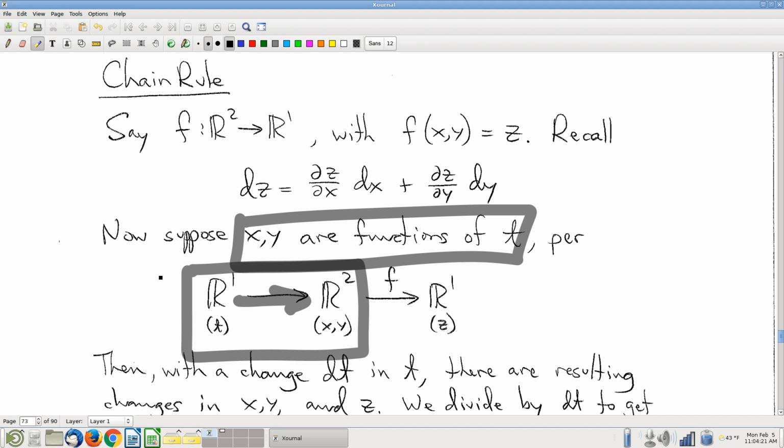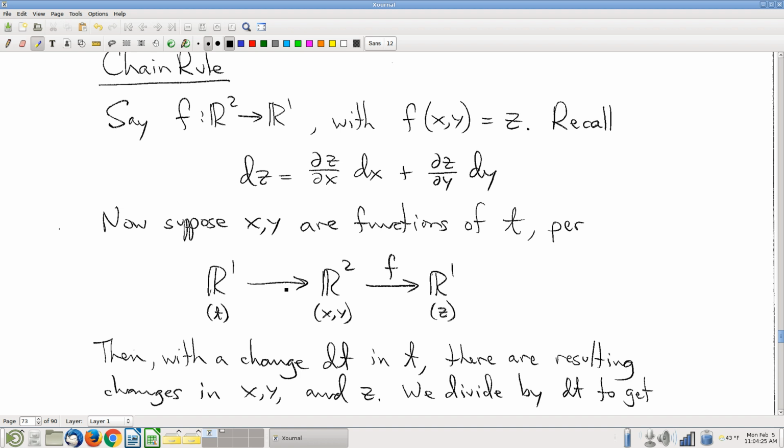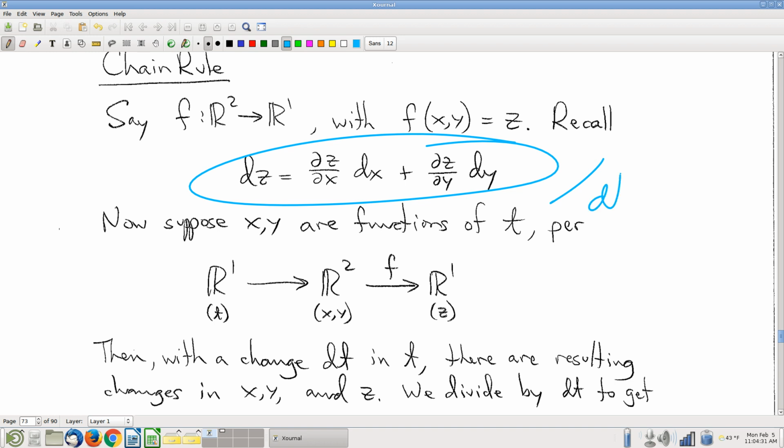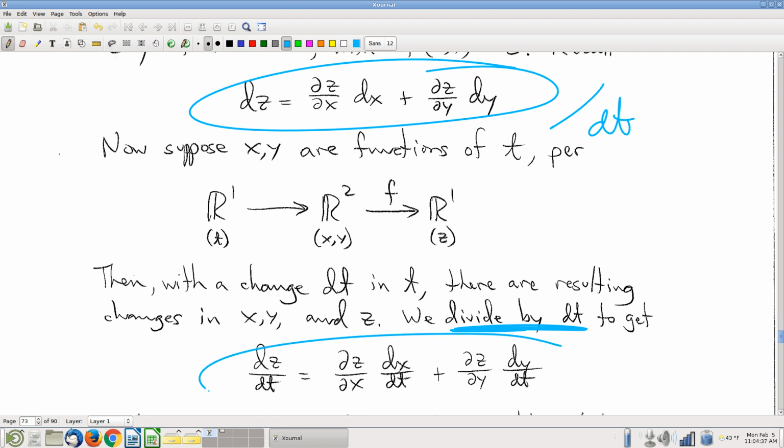Well, I'm not going to worry about the rigor here, this being Math 212. I'm going to just divide by dt. Take that, divide by dt. And that equation becomes just this. And notice what I have then. It's really convenient how this worked out.